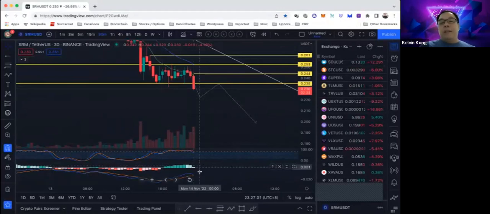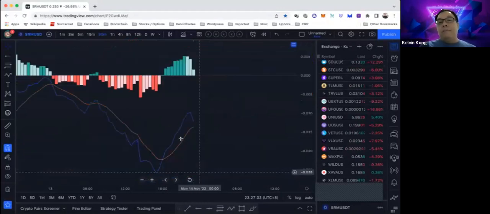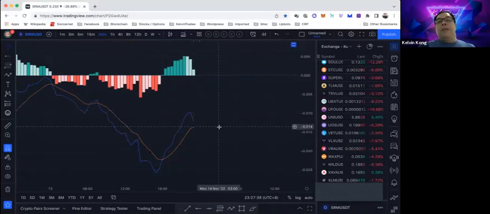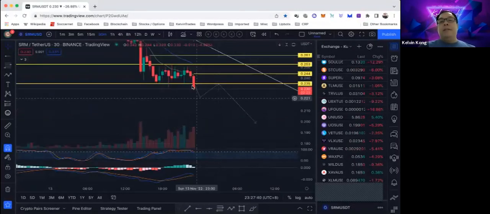But now it will still take quite some time for it to turn bullish, which means the price most likely will continue to go down. How far I don't know.